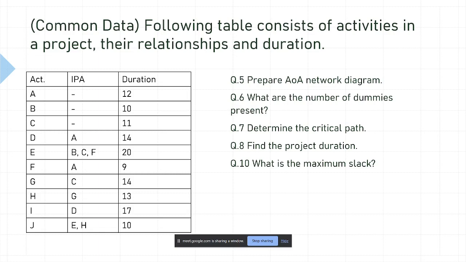IPA is 2, 3, 4. Then we will draw the relation between all of them according to the IPAs. After that, some of the activities can be made dummy, and we have to see the numbering of the nodes for I and J.